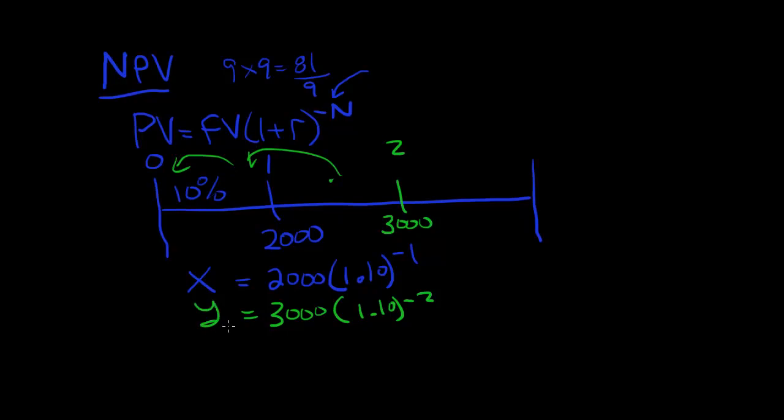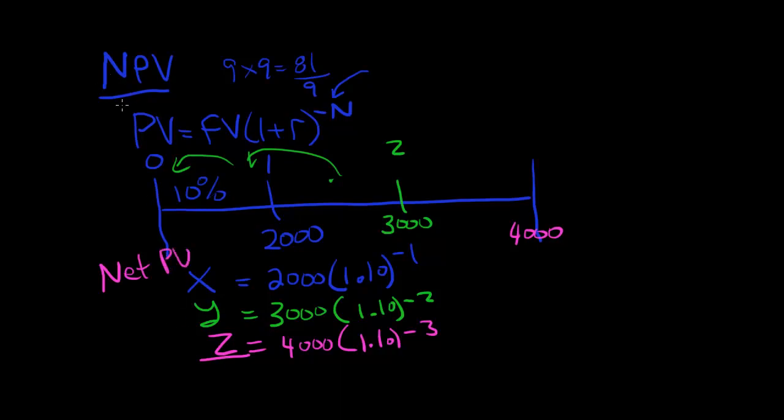We'll just call it Y. And let's do one more. Let's say we had 4,000 here. Same equation, 1 plus R to the negative 3, we'll call this Z. Now if I add all three of these up, we would get the net, because net means adding up, PV, and there's the net present value.